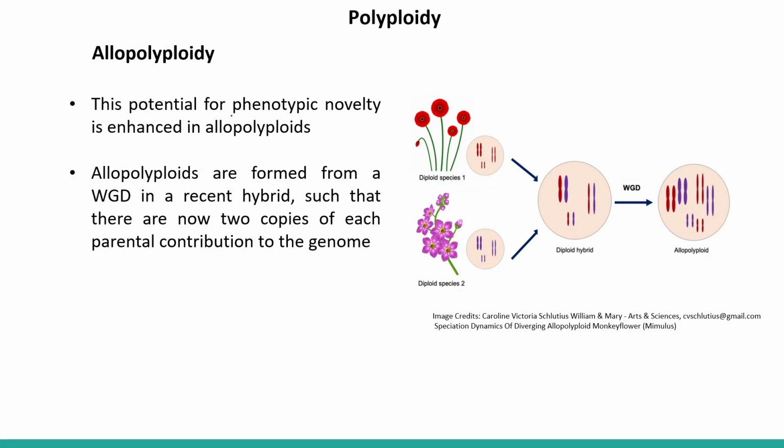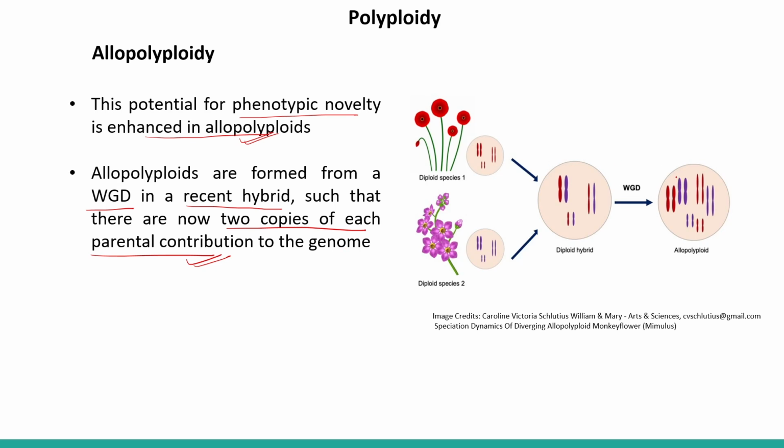This potential for phenotypic novelty is enhanced in allopolyploids. Allopolyploids are formed by WGD, whole genome duplication, in the recent hybrid, such that there are now 2 copies of each parental contribution to the genome.